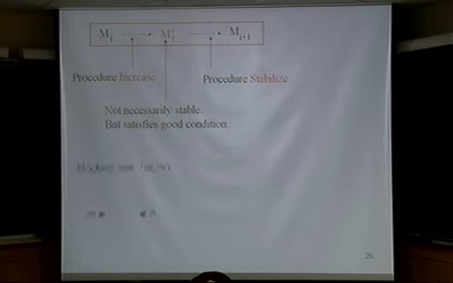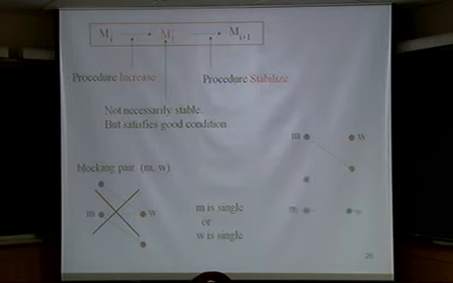And what's a good condition here? Because this matching is not necessarily stable, there might be a blocking pair. Our condition says that if MW is a blocking pair, either M is single or W is single. So the case where both M and W are matched cannot happen; this is a prohibited blocking pair. If there is a blocking pair, only M is matched and W is single, or W is matched and M is single, or both are single.